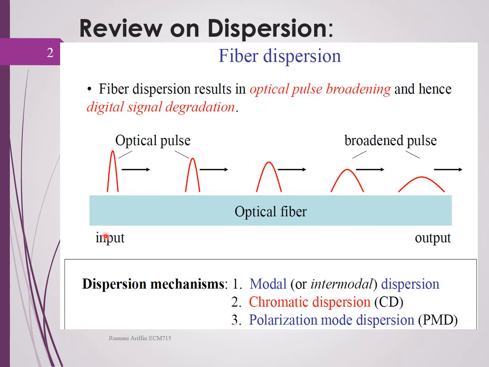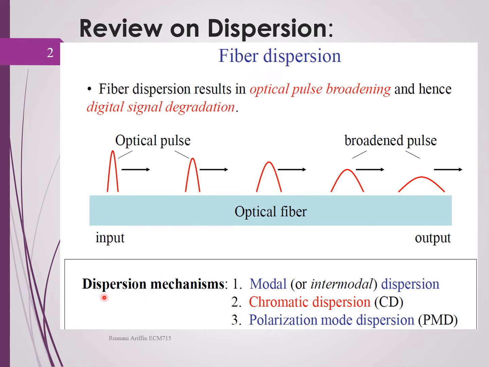Let's say this is an optical fiber; we have the input here and the output here. In the beginning, this is our optical pulse. When the optical pulse travels along the fiber, you can see that the pulse is broadening, and this pulse broadening results in digital signal degradation.